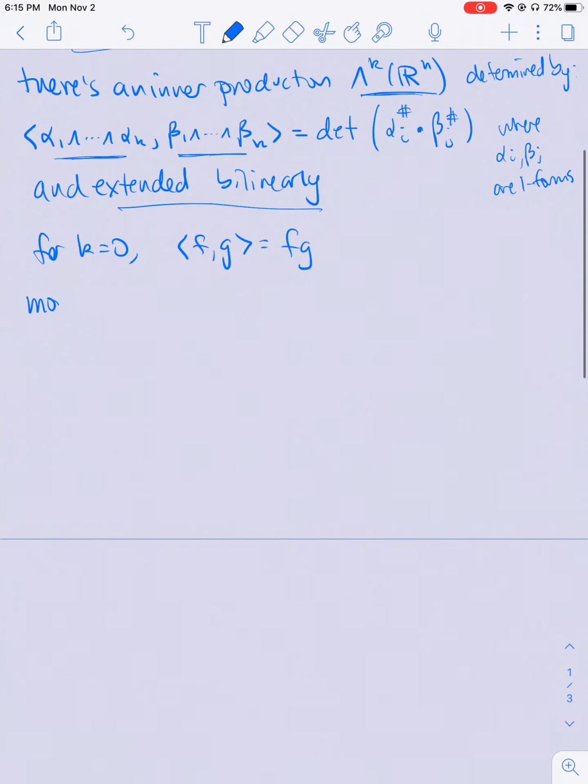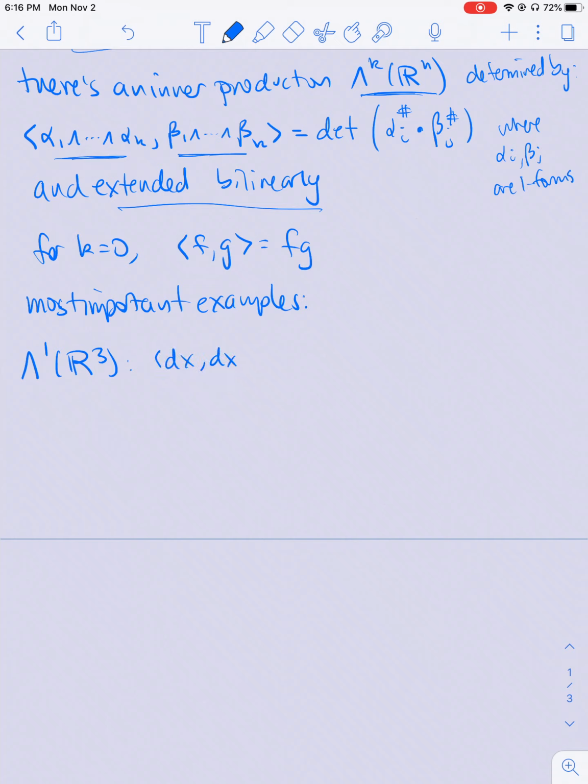The most important examples: we've already done the case of 0-forms, so let's do 1-forms. Let's take the inner product of dx with itself. This is just the determinant of the 1-by-1 matrix, that's (1, 0, 0) dotted with (1, 0, 0), which is just 1.